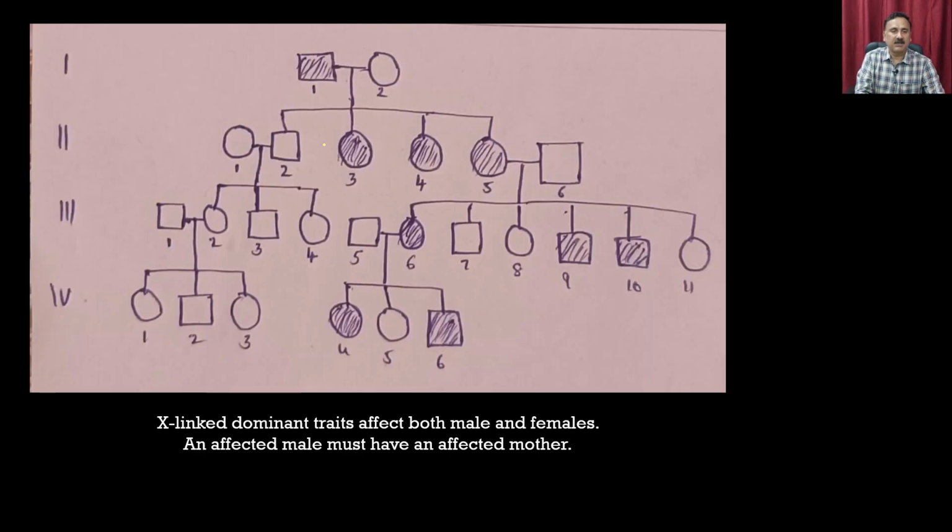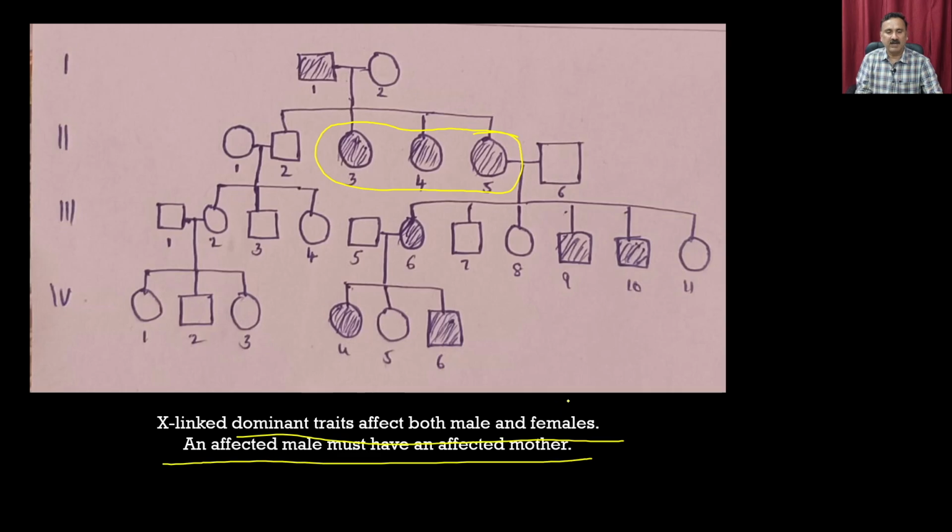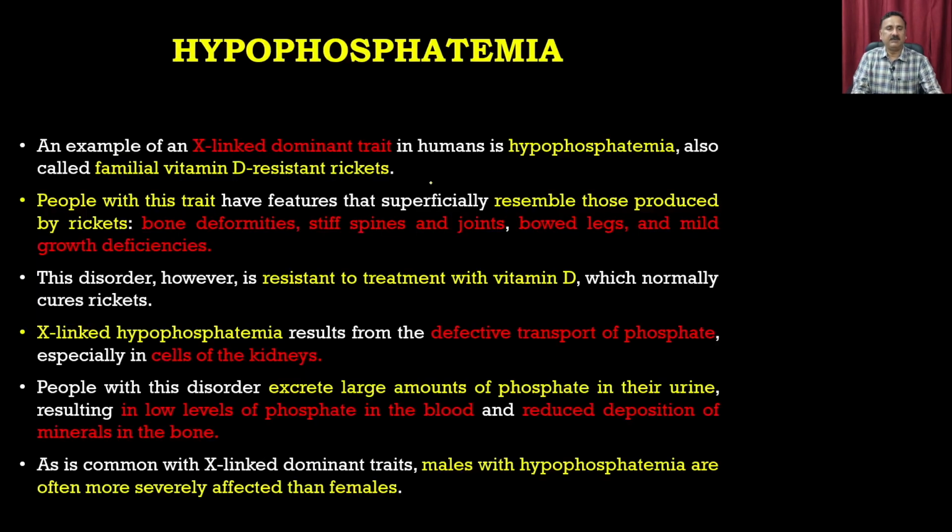So this is exactly what is shown here: this is the affected male, and these are the females, and in the second generation, all the females are going to be affected. So X-linked dominant traits affect both males and females, and an affected male must have an affected mother.